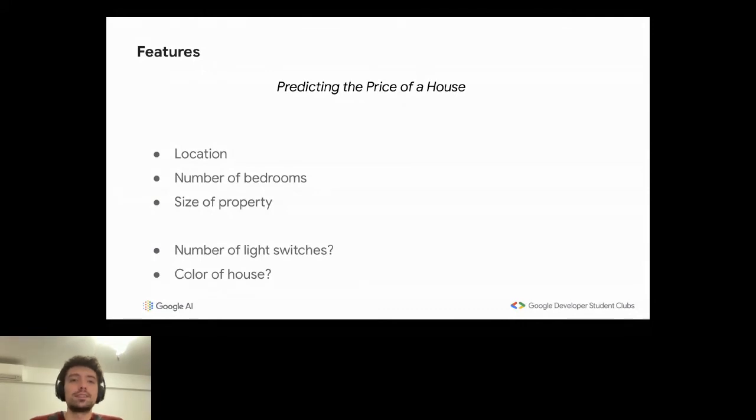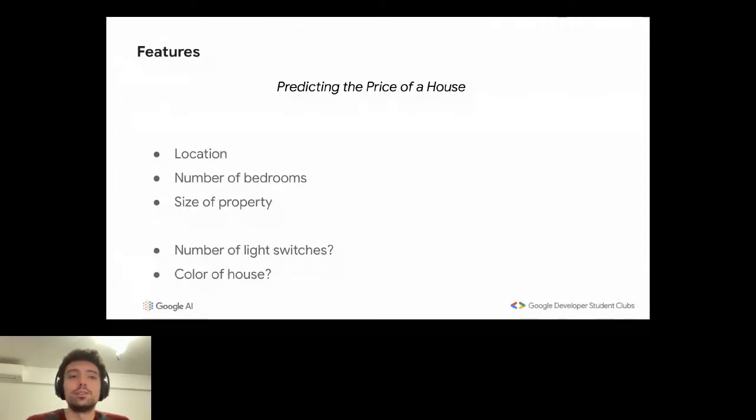And why is that? Because one could say, well, if you only gave to your model the location of the house, then you could have a very big house and a very small house, and the model will predict them to have the same price. But one is way bigger than the other, and we all know that the bigger the house, the higher the price is.